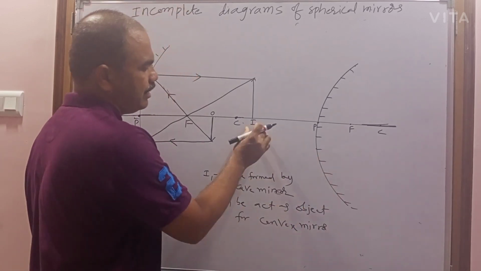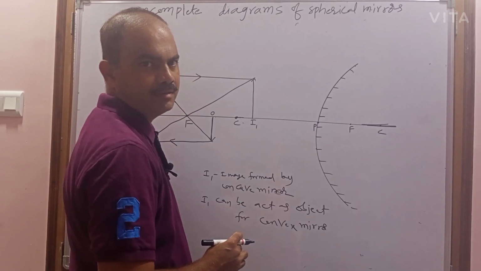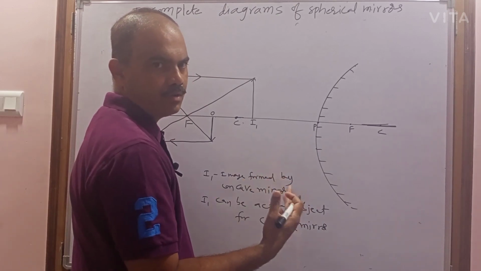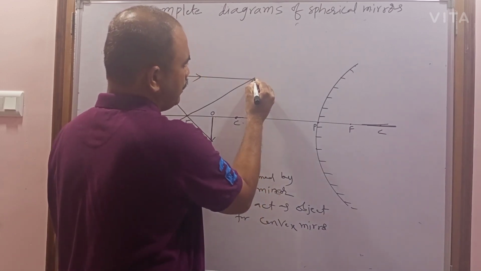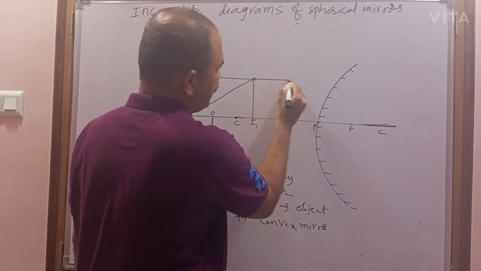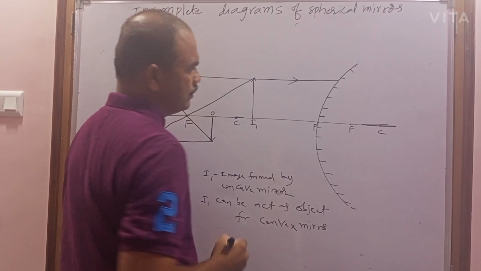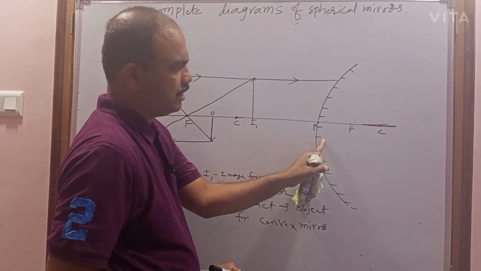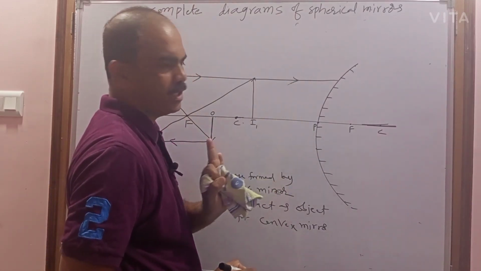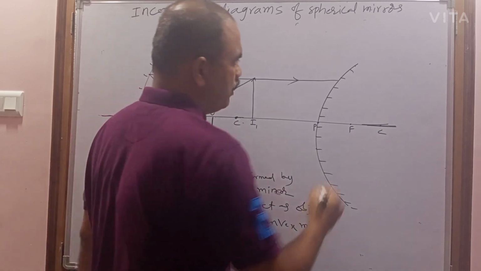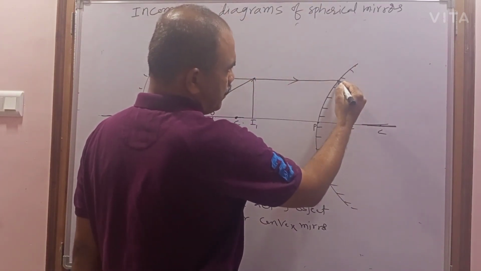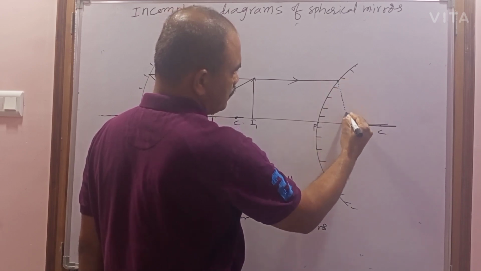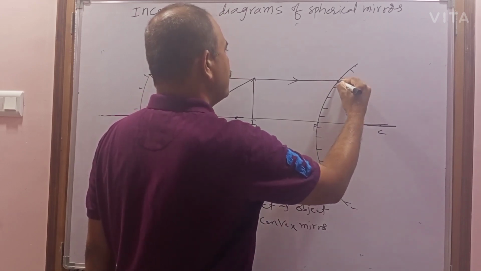So, with I1 acting as the object for the convex mirror, again following the rules for the convex mirror diagram, I take one incident ray parallel to the principal axis. After incidence on the convex mirror, how will it be? It will appear to be coming from the focus. So join the point of incidence and the focus with a dotted line, and extend the ray.